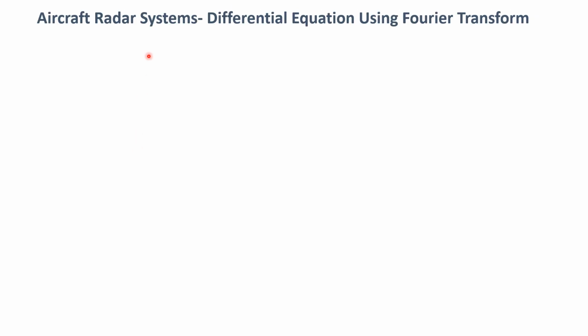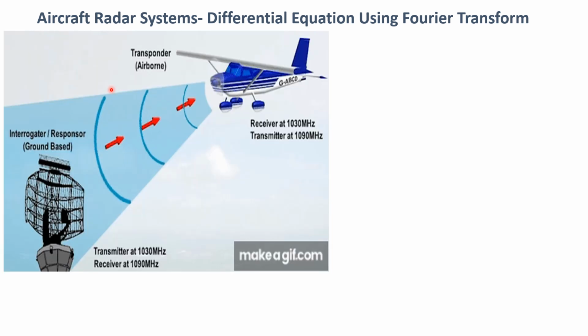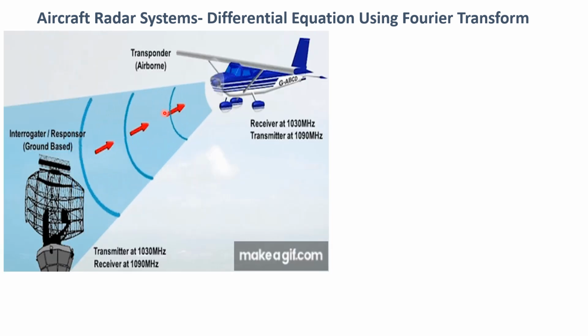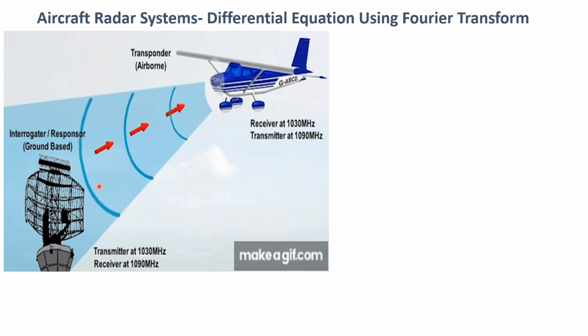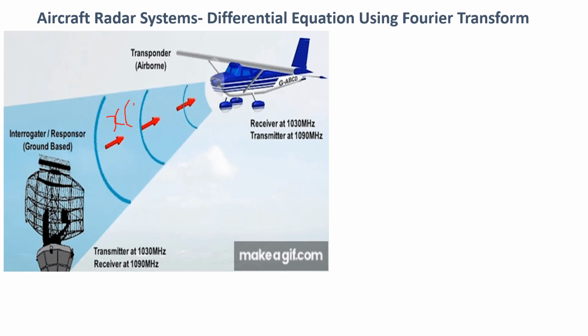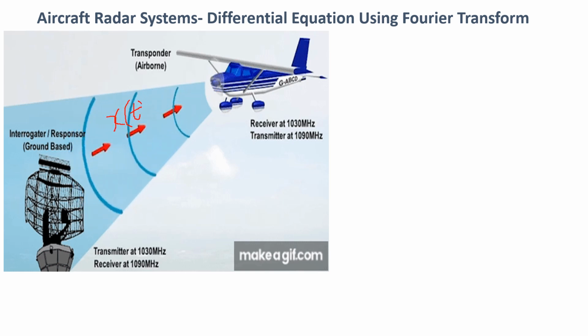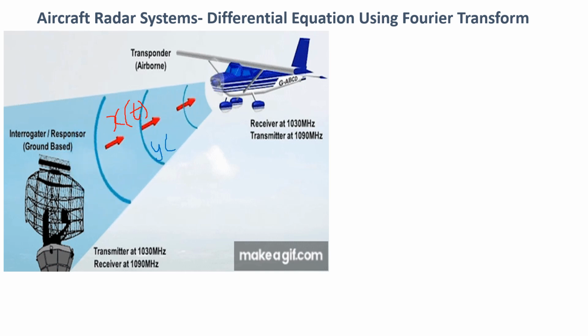Now coming to the next slide, let us have a more closer look over single aircraft versus the radar system. Let's say that this red color signal that is going from left to right is the input signal x of t, and the blue color signal that is coming from the aircraft to the radar is y of t, which is the output from the aircraft to the radar.